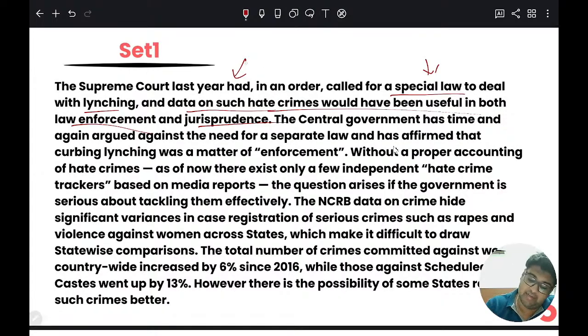When I'm reading such a sentence, I know lynching and all these are additional information. Why did they do that? Because they believe it would be important for law enforcement, of course keeping law and order, and jurisprudence.